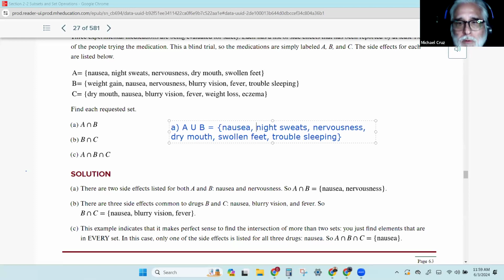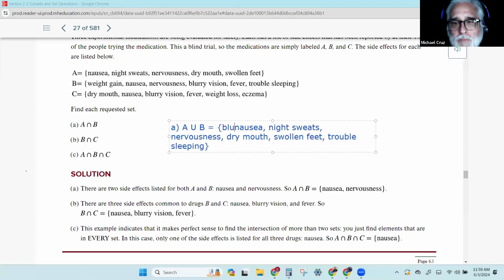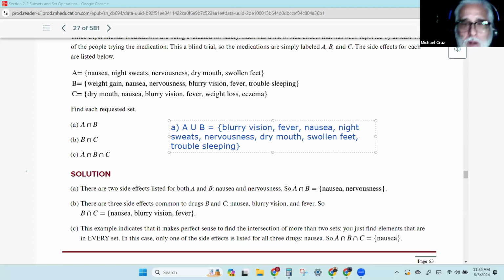Like, for example, blurry vision comes first, vision alphabetized wise. And so does fever. But I think I got all the other ones right. Oh, no, we got weight gain. Did I miss anything?